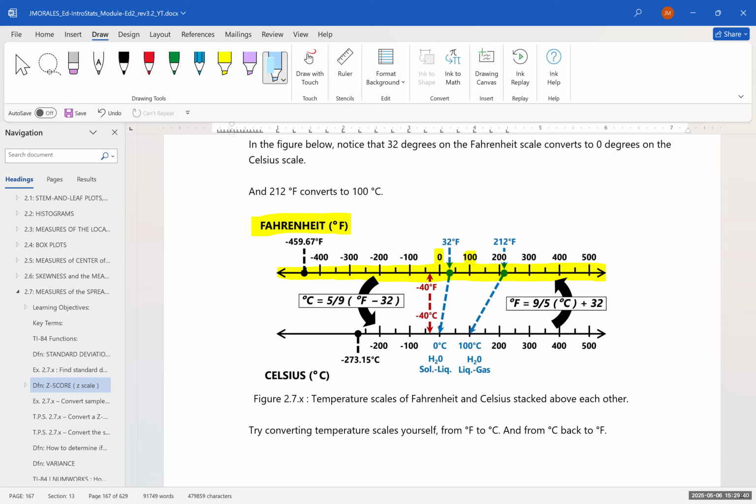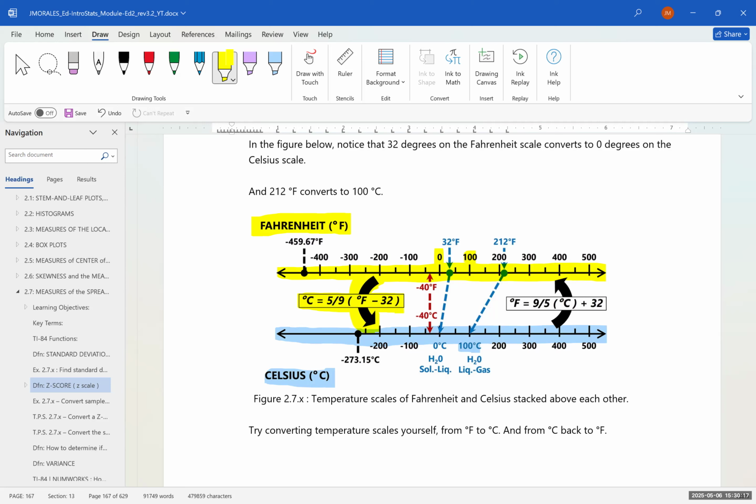And down below, we have our degrees Celsius scale, with 100 degrees Celsius, and so on. If we wanted to convert degrees Fahrenheit into degrees Celsius, we're going to be going in this direction. To go in that direction, we want Fahrenheit as an input, and we will use this equation. That will convert a value from degrees Fahrenheit into degrees Celsius.